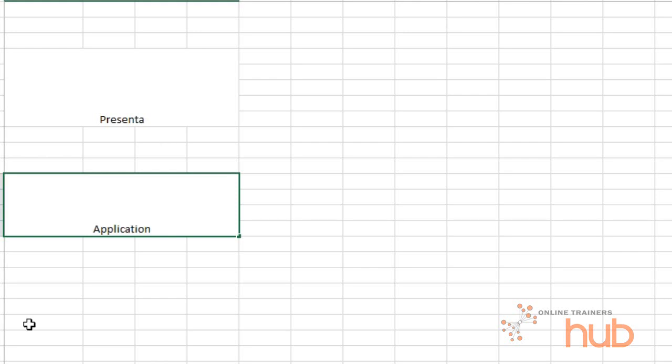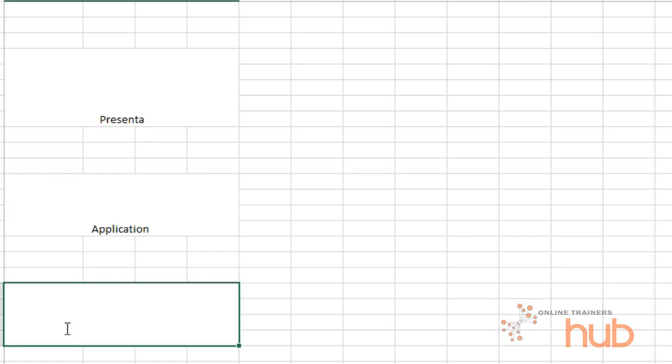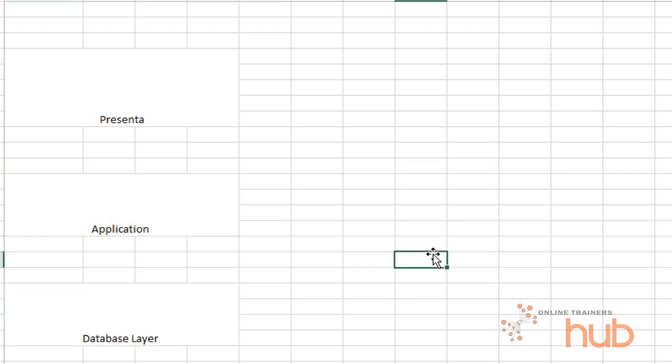And followed by the application layer, we have the database layer. So these are the three things: the presentation layer, the application layer, and the database layer.